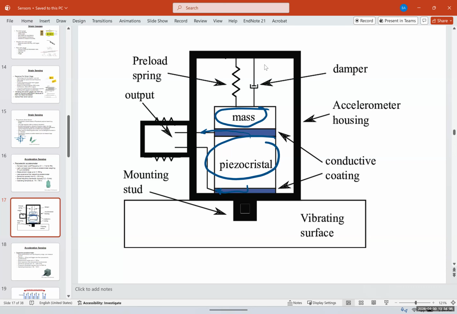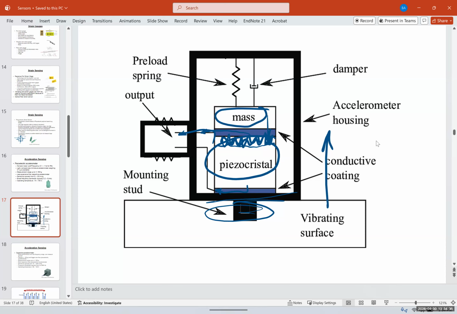We have a damper and a spring. And the sensor itself is connected to a vibrating surface. And we have a mounting stud. Imagine that the vibrating surface is moving upwards. What happens is this mass pushes inwards, and now it becomes here. And when you squeeze the piezoelectric, it's going to generate a current, and you can measure G-force.